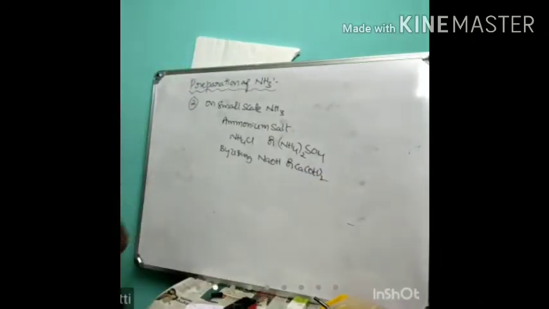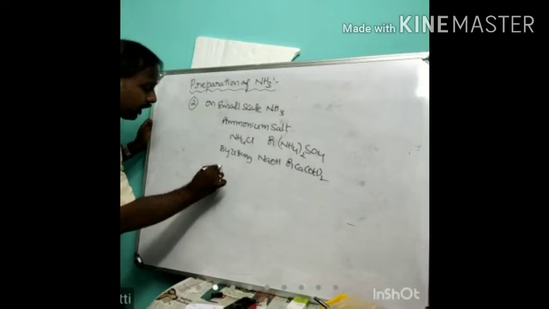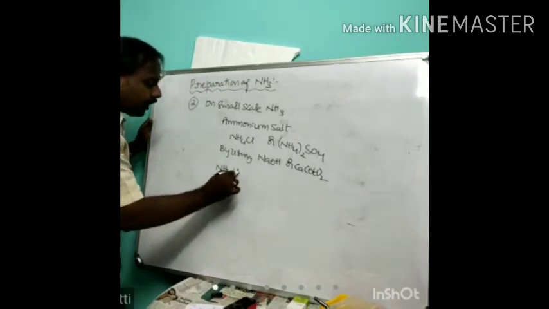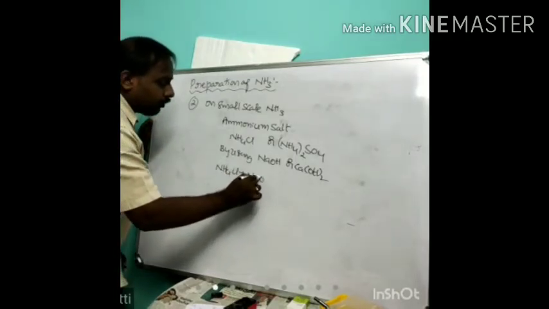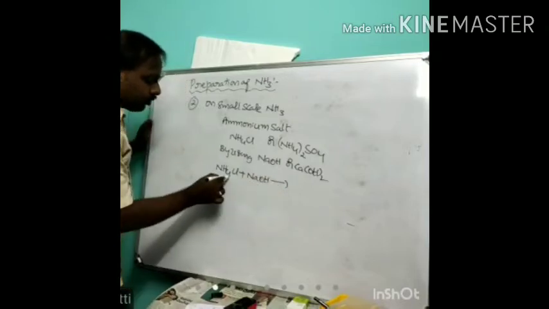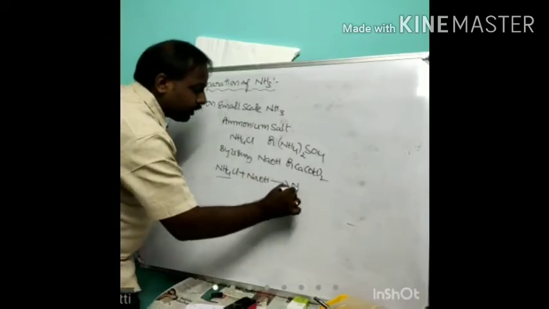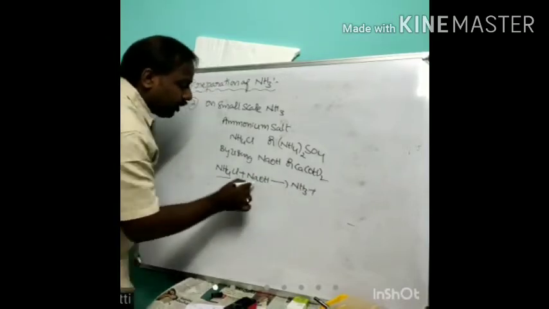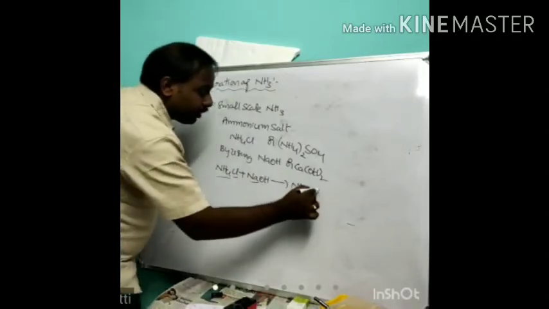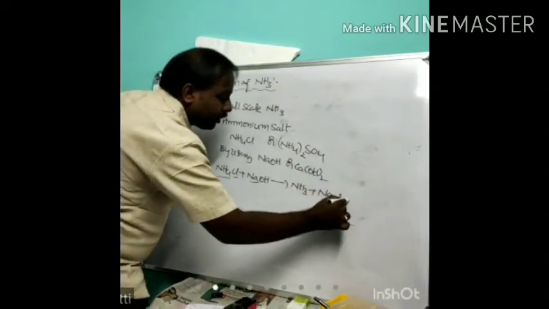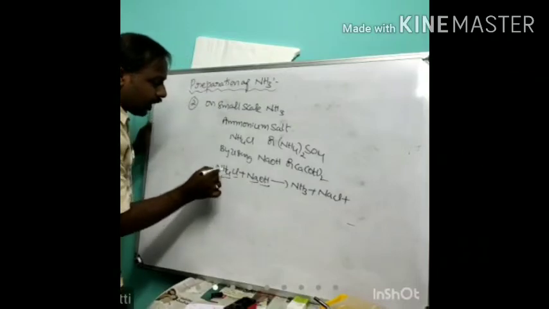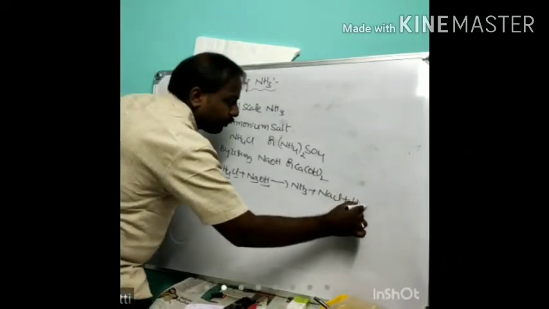By using NaOH or calcium hydroxide, we prepare ammonia from ammonium salts. So NH4Cl, when it is made to react with NaOH, gives NH3, and Na and Cl form NaCl, and OH and hydrogen form H2O.